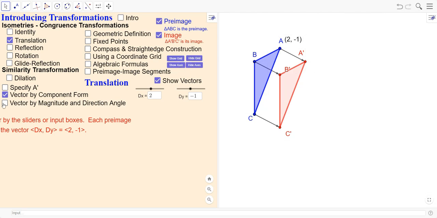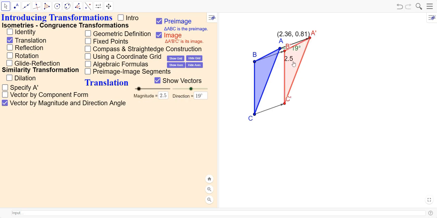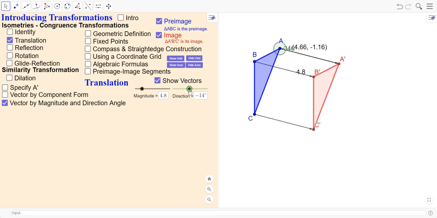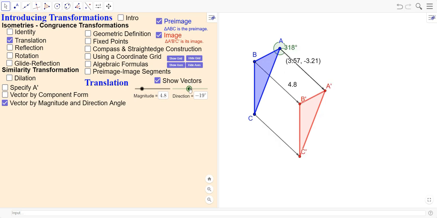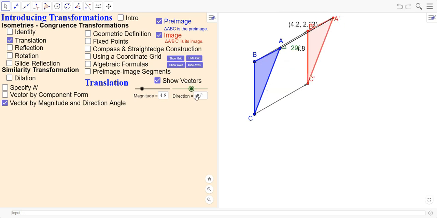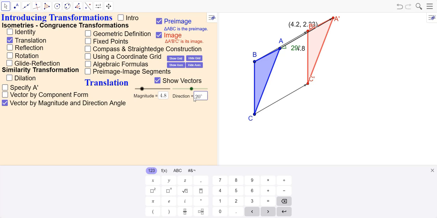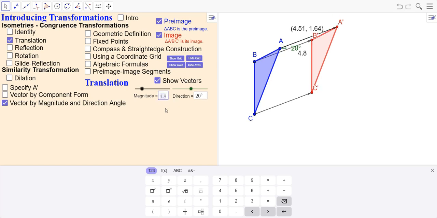All right. We can also give a vector by magnitude and direction. Let's go 20 degrees, and let's go a distance of 5. So we're specifying this vector.